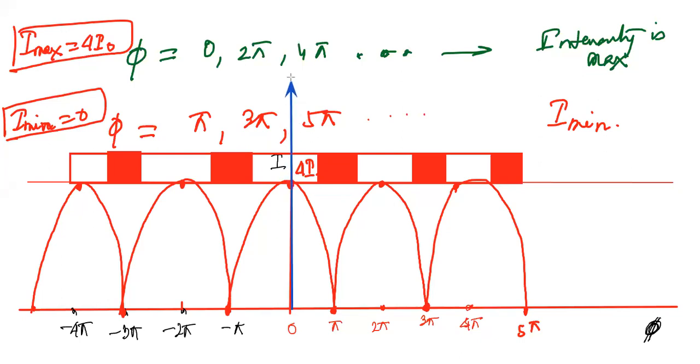So this is your intensity of the resultant, and this is your phase angle. So this x-axis is your phase, that is denoted by phi, I have already told, and this is your intensity. And the maximum intensity that you have seen is equal to 4 I naught.